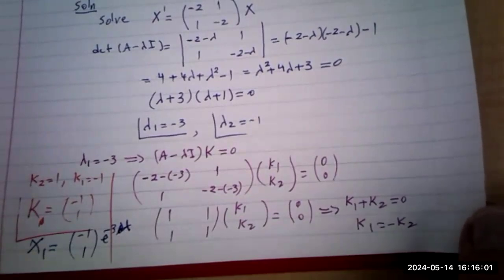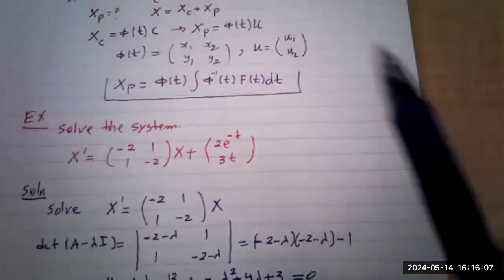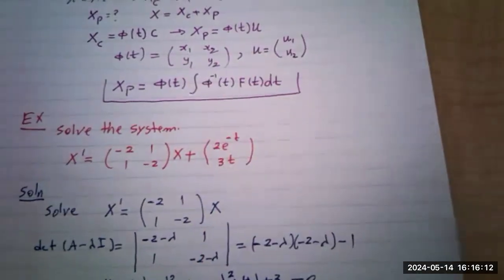I have to multiply to get those two. You see, I need this one. This is going to be this column, x1, y1. So we got the x1. I repeat again that we picked negative 1 on the top.